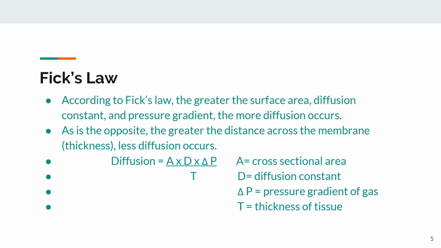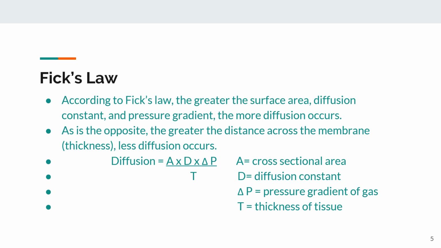Another thing, the diffusion constant, has to do with a lighter molecular weight, and we'll talk about the diffusion constant coming up. P1 to P2, okay, so that's the pressure gradient.